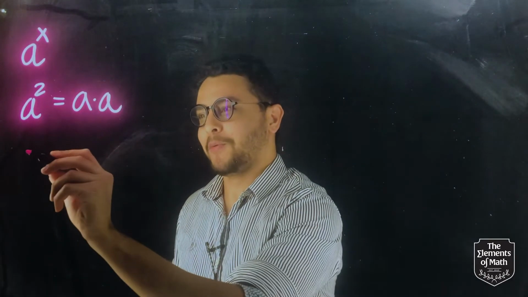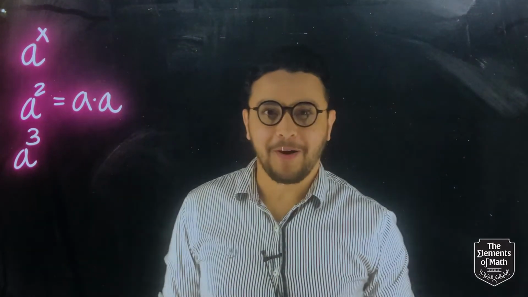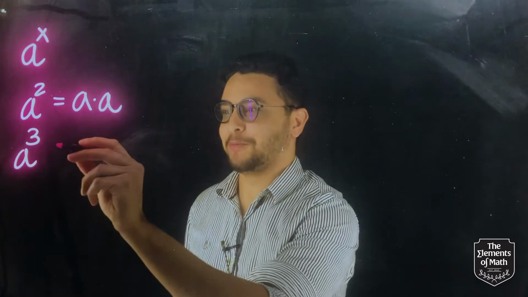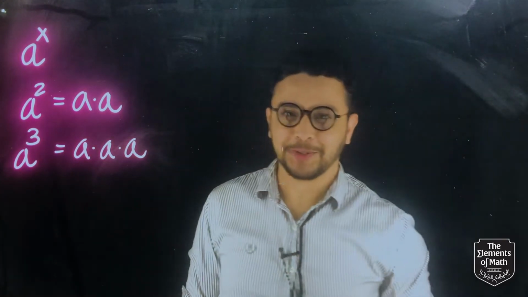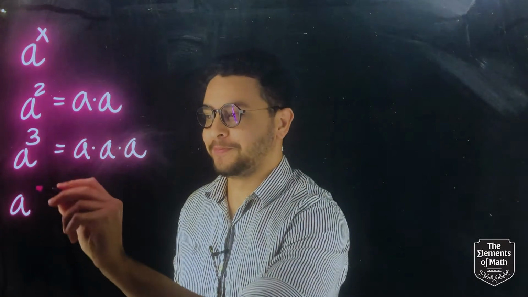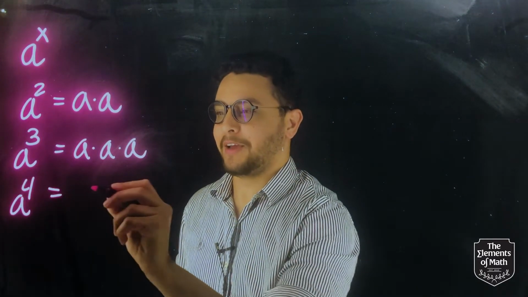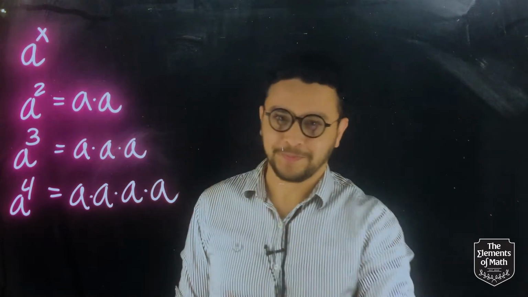Great. What's going to happen when I have a cubed, or a to the power 3? It means I have to multiply a by itself 3 times. What's going to happen if I have a to the power 4? I have to multiply a by itself 4 times.